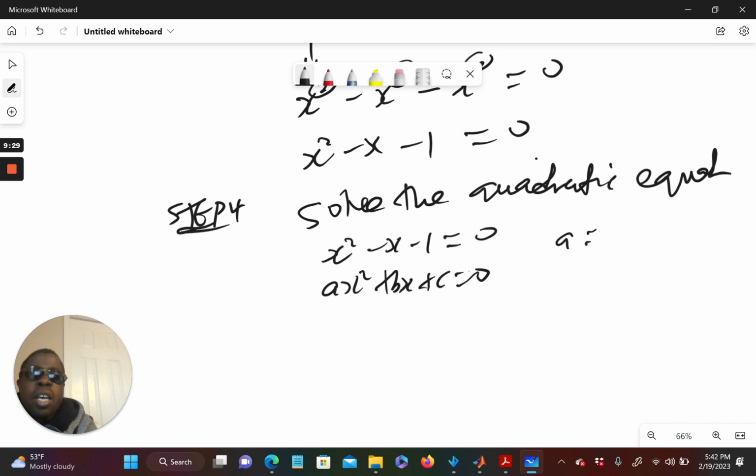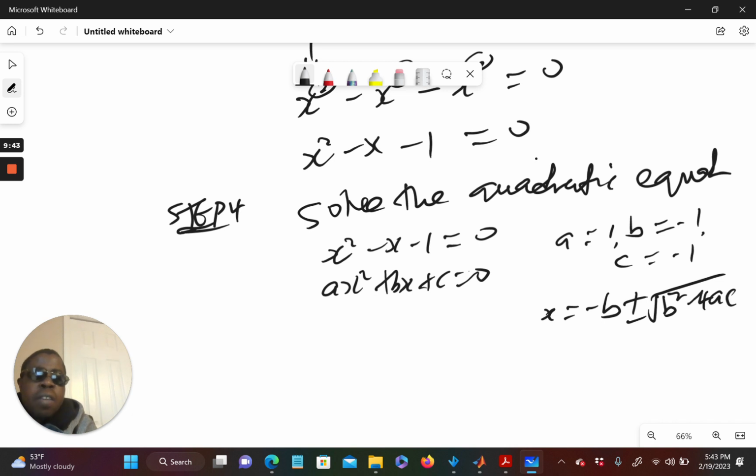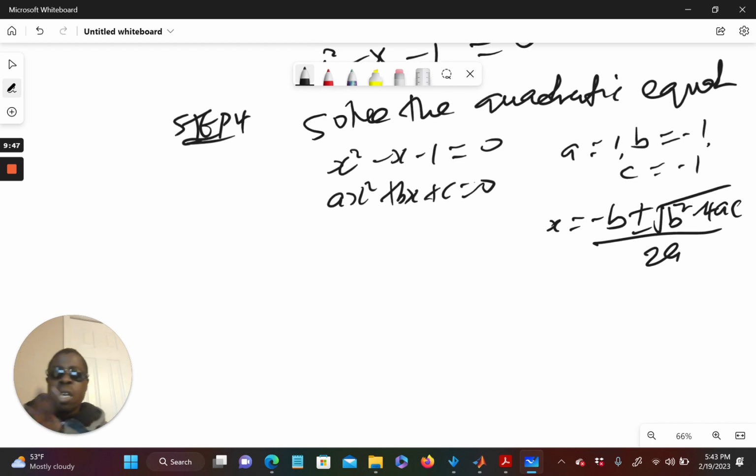Your a here is 1, b is -1, c is -1. You are going to make use of the formula x equals minus b plus or minus the square root of b squared minus 4ac all over 2a.